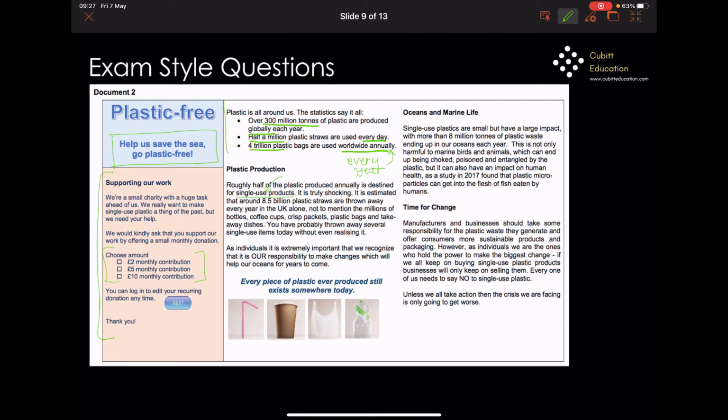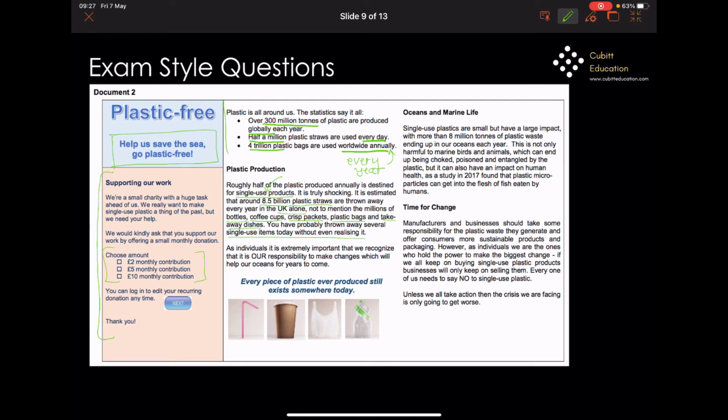That's all single-use plastic. It is estimated that around 8.5 billion plastic straws are thrown away every year in the UK alone. Not to mention the millions of bottles, coffee cups, crisp packets, plastic bags and takeaway dishes. You've probably thrown away several single-use items today without even realising it.